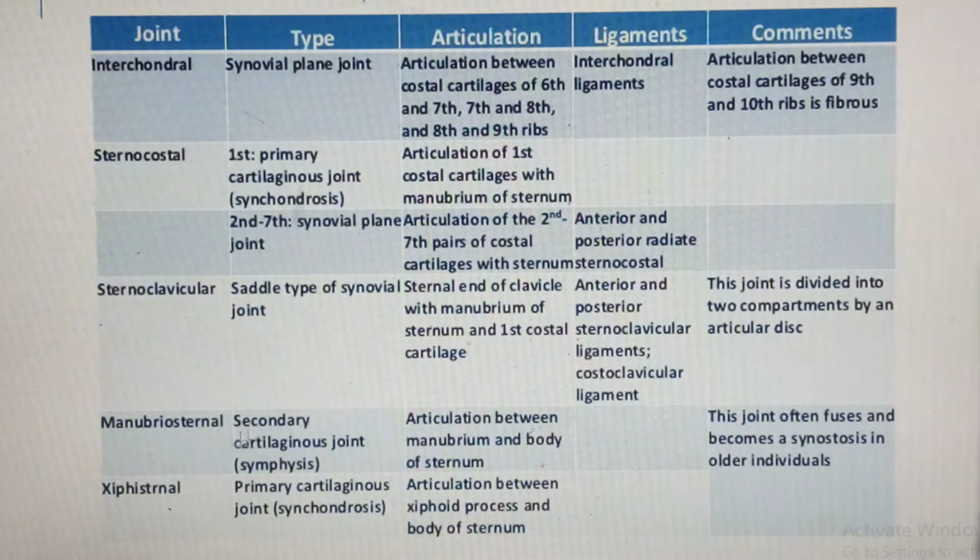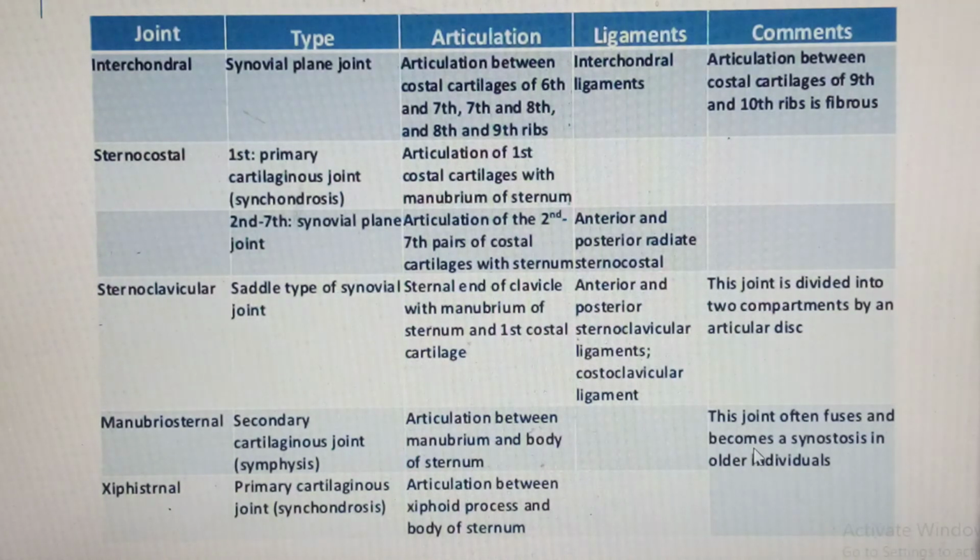Then the manubriosternal joint is a secondary cartilaginous joint, a symphysis type. We said that usually in the midline of the body you have such a thing, but although the xiphisternal joint is in the midline of the body, it's actually a synchondrosis type of joint. That is one thing I want you to know.